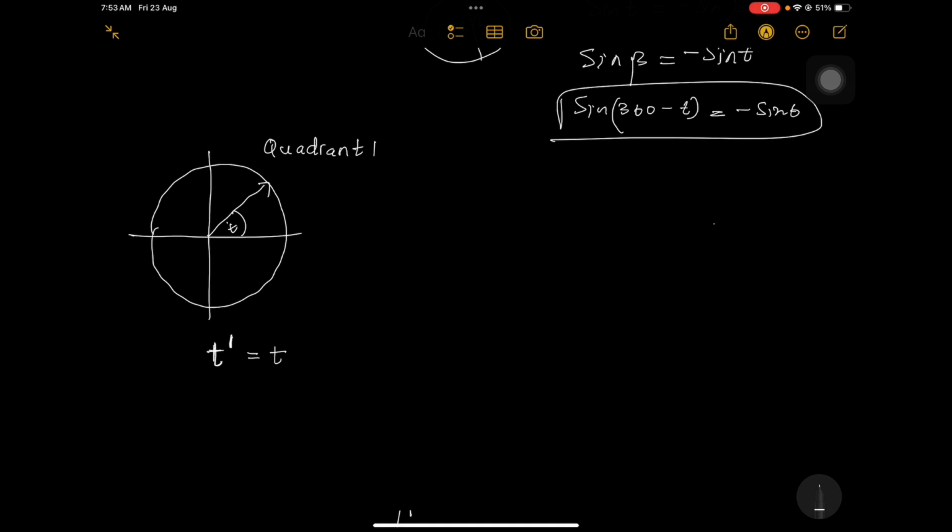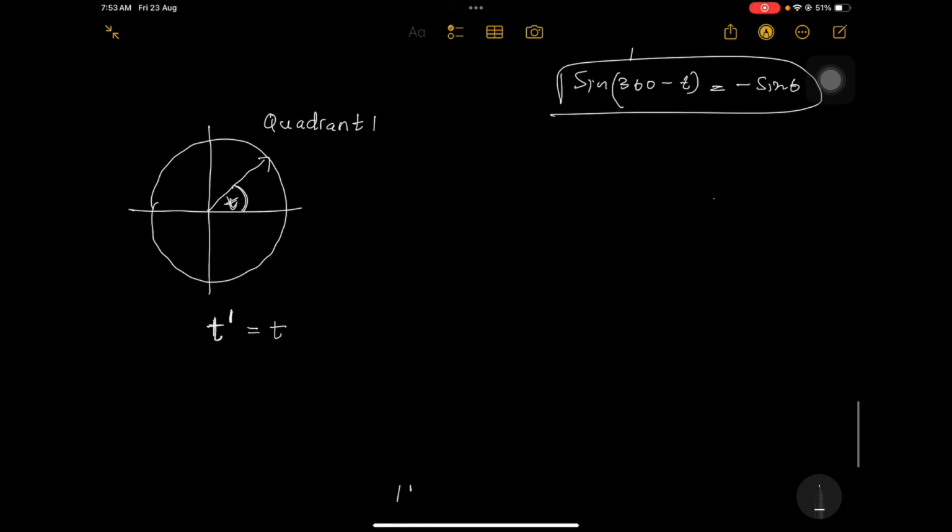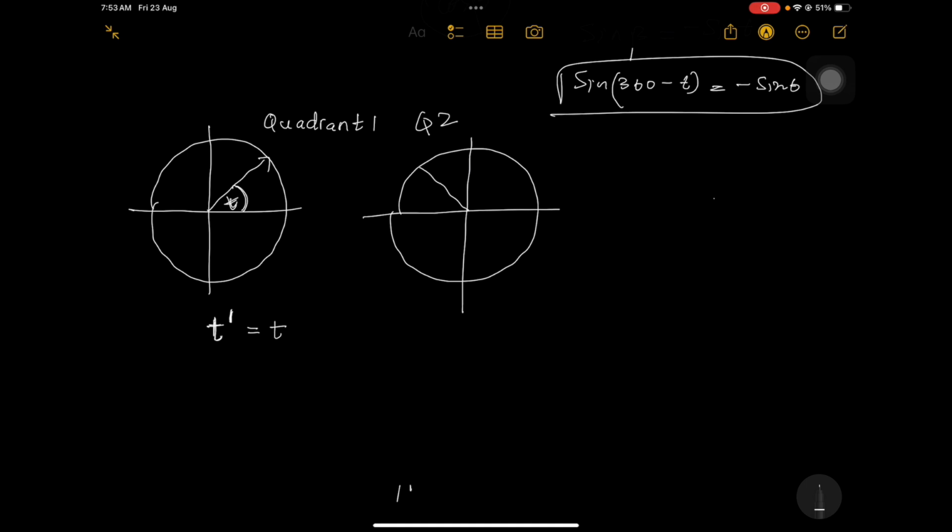It is the acute angle t itself, because there is no other thing, it's just t as it is. If there is quadrant 2, Q2, if this is the t dash, then the t dash is going to be 180 minus t.